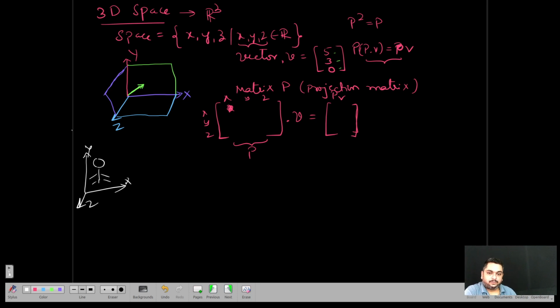Now, if I put a light on him, his shadow falls on X and Y, somewhere here. So if this is a vector, the projection you can, in this example, consider as his shadow. When I project this vector, I'm projecting in the XY plane only.